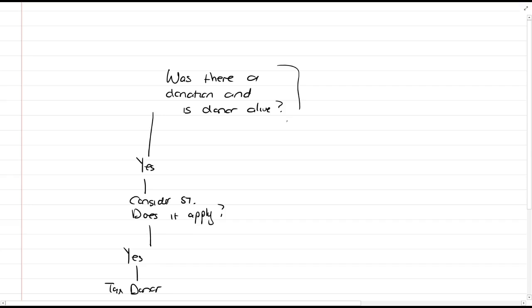Was there a donation? Is the donor alive? Yes. Consider section 7. Does it apply? No. Okay. Was there a donation and is the donor alive? No. So those two are the same.